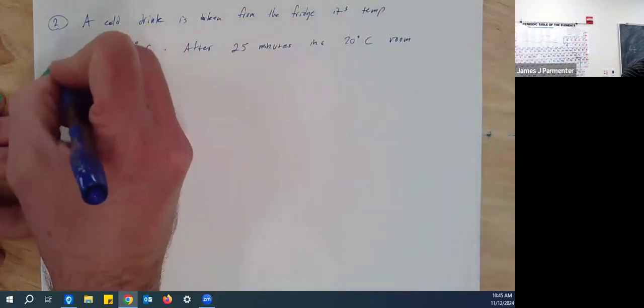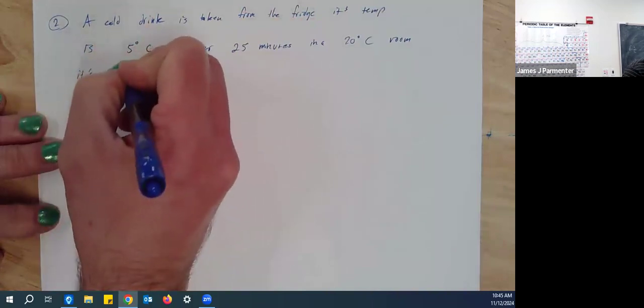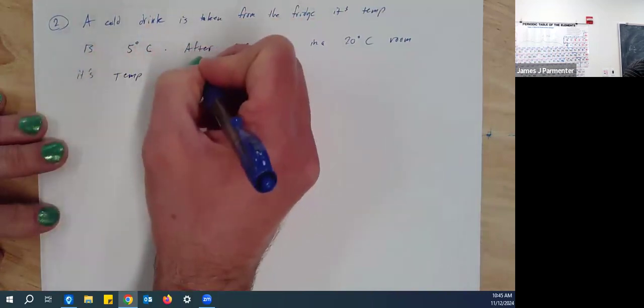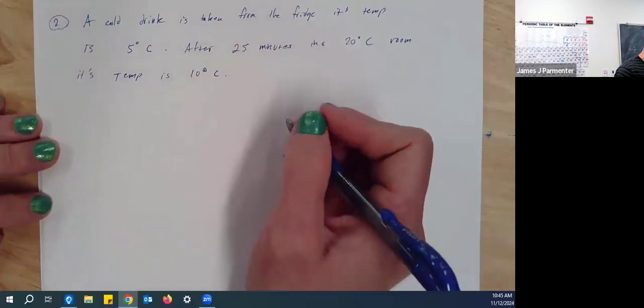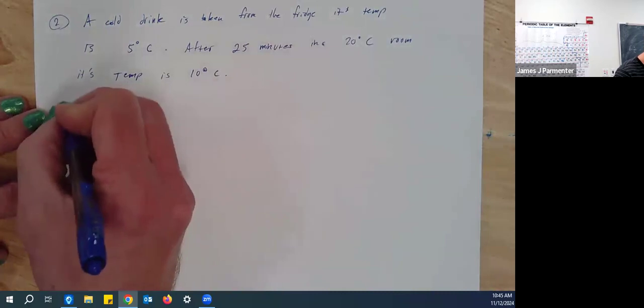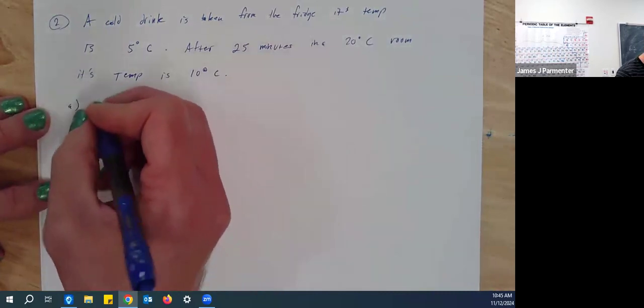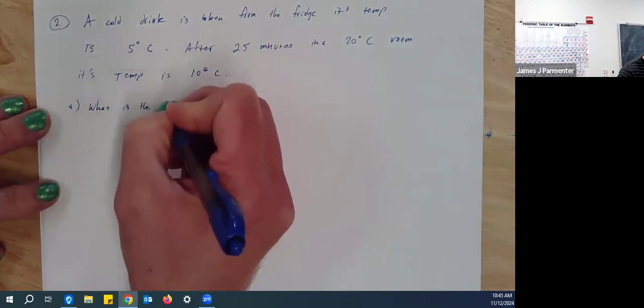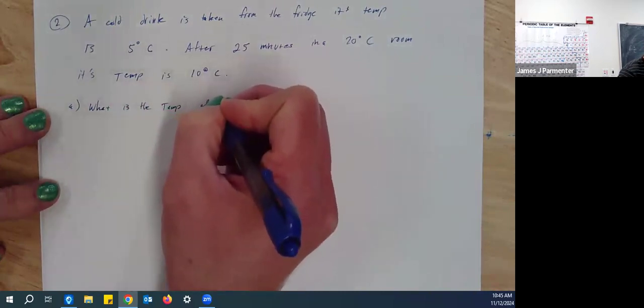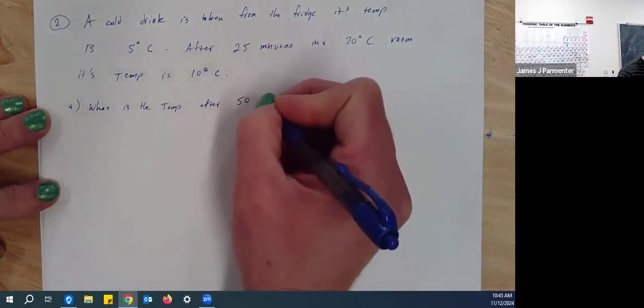Its temperature is 10 degrees Celsius. So the two questions we're going to ask are, what's the temperature after 50 minutes? 50 total minutes from when we removed it.